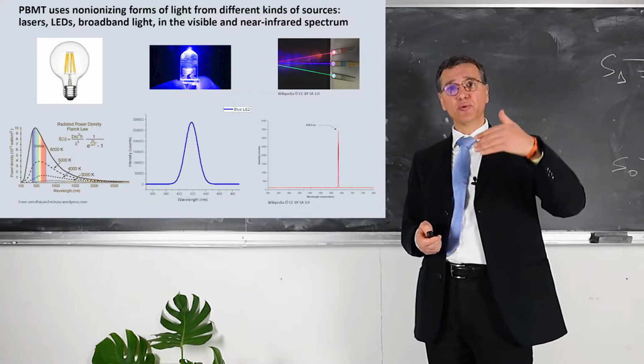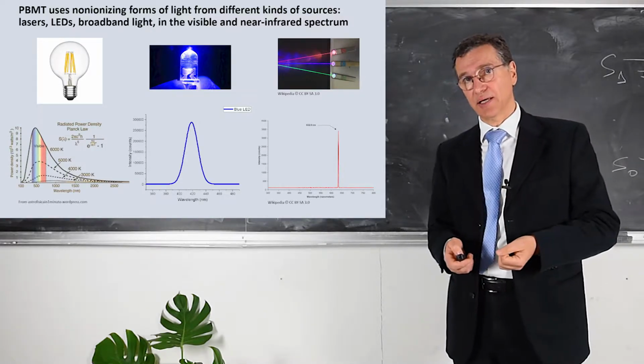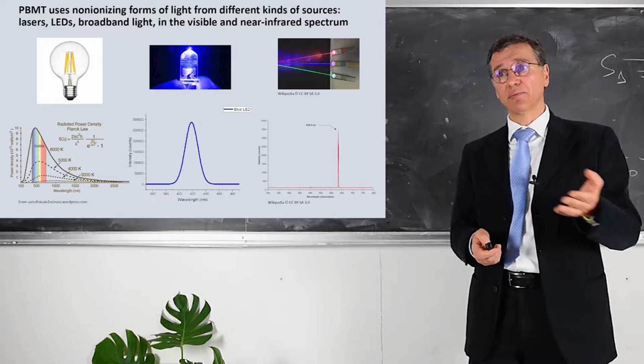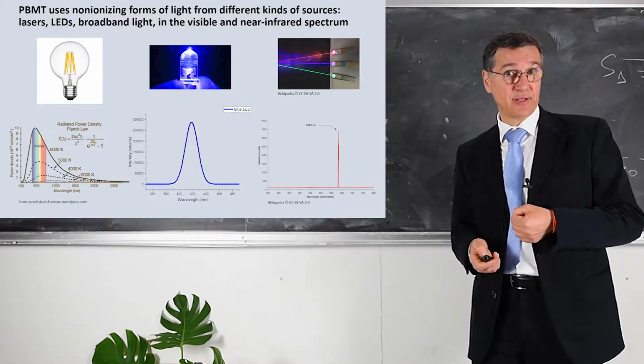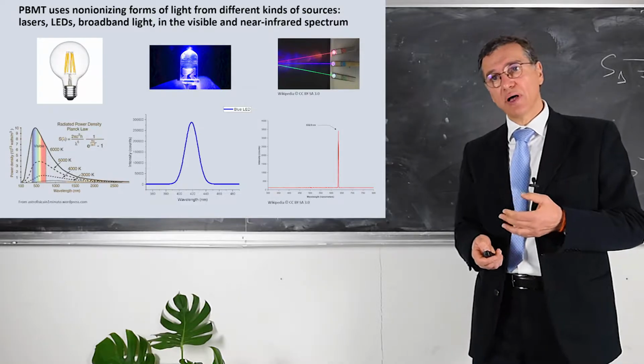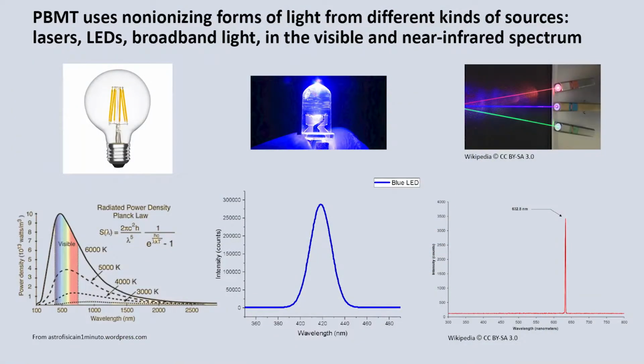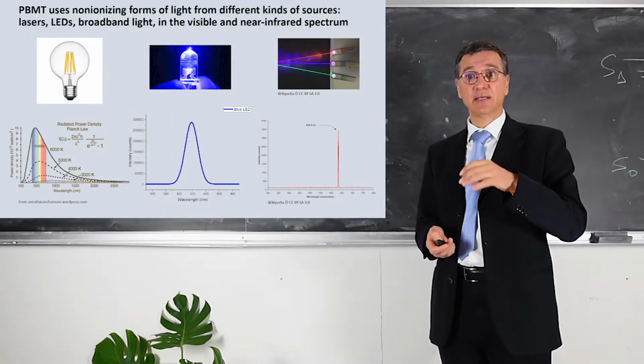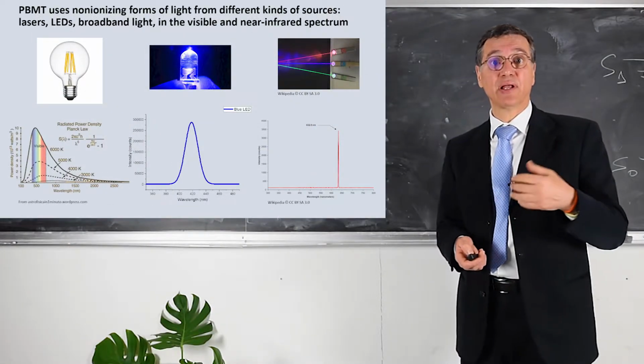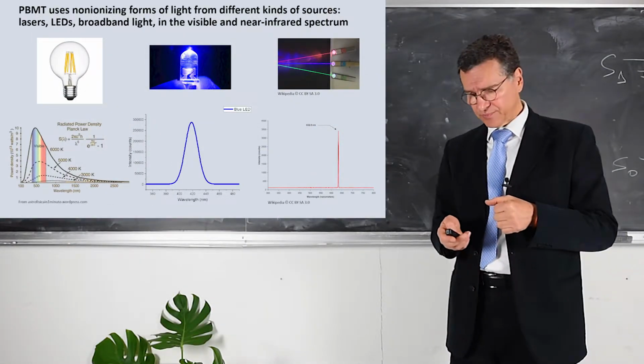And if we want to push even more the monochromaticity of the light, we can move to laser emission. So I have to say that the density of photons in frequency is much higher with lasers than with LED, than with a lamp, with white light.